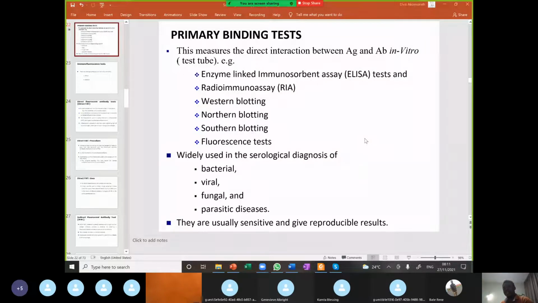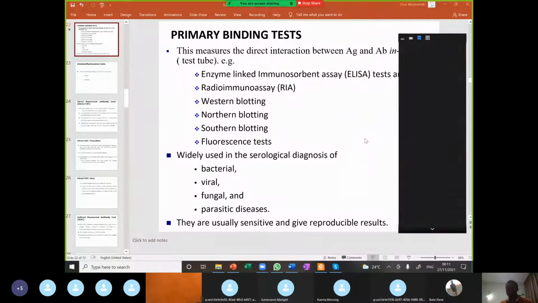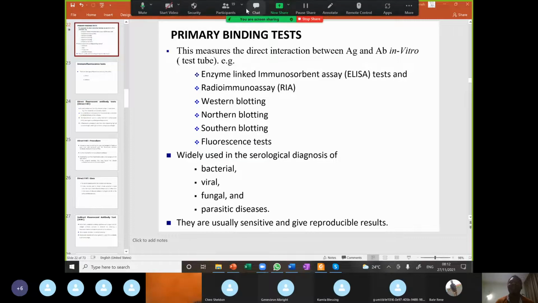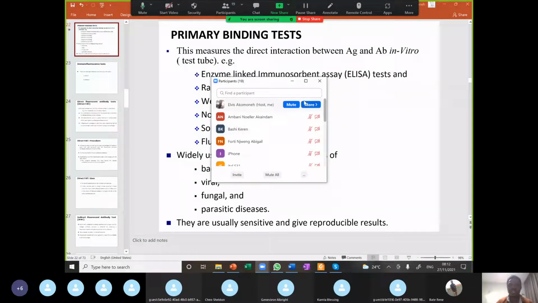A primary test measures the interaction between an antigen and an antibody in vitro, that is, inside a test tube. This could be targeting a virus, a bacteria, a fungi, or a parasite.